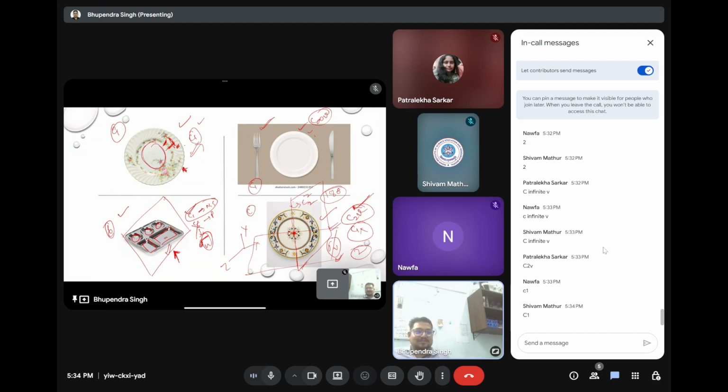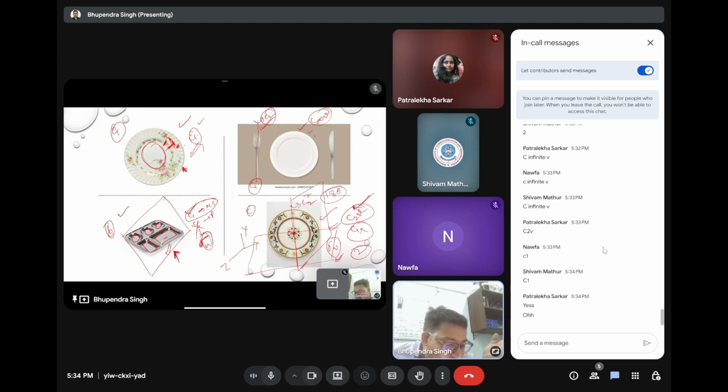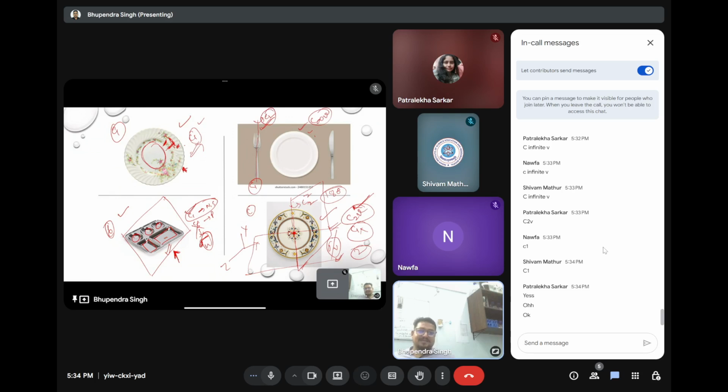C2 is wrong because I think Patlekha considered this axis of rotation. If you consider this axis of rotation, your fork is going to flip. So the orientation of the fork will not remain the same. A fork is like this. How many fingers are there? 1, 2, 3, 4. Four fingers are there. If you are considering this C2 axis, C2 means you are going to flip it like this. So the orientation of your fork has changed. So C2 is not present here. Only C1 is there. Okay, understood.